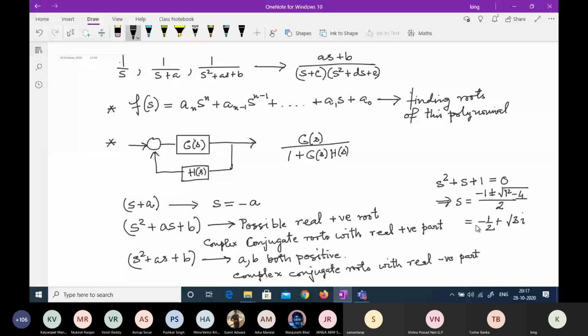And if this is minus, then it means your system is going to decay with time.